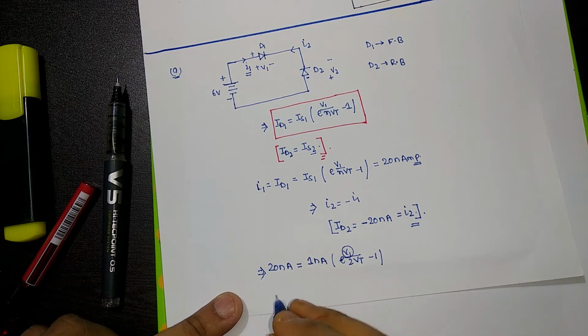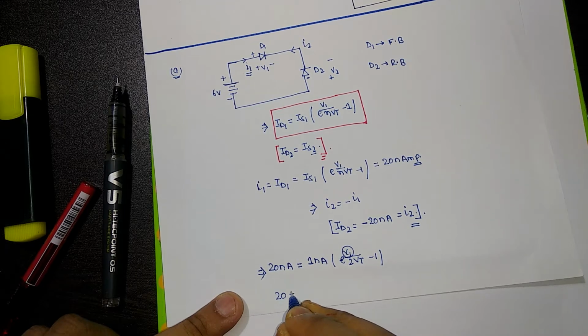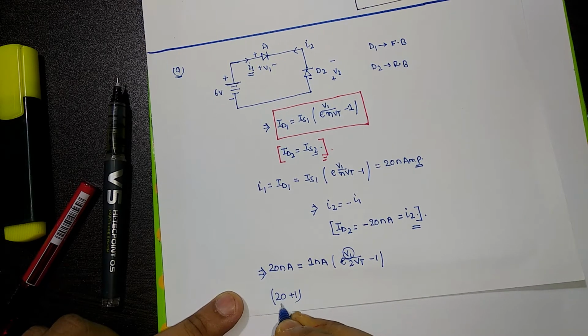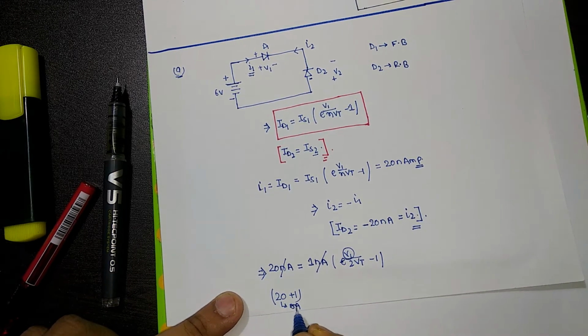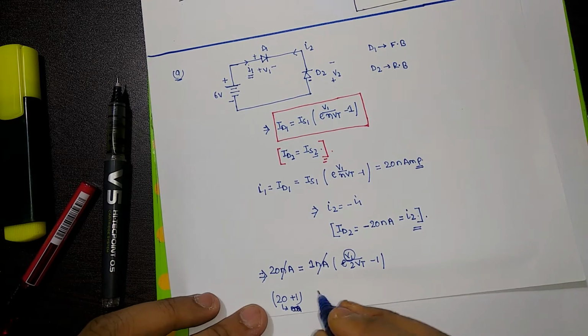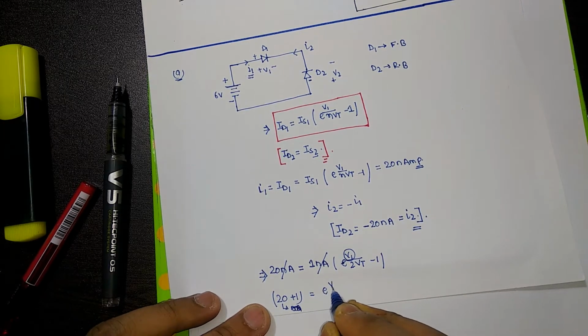What you will get is 20 plus 1. This 20 is in nanoampere, and the nanoampere will cancel out, so there is no need to write the unit here. That will be equal to e to the power V1 by 2 Vt.